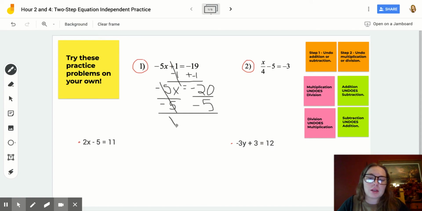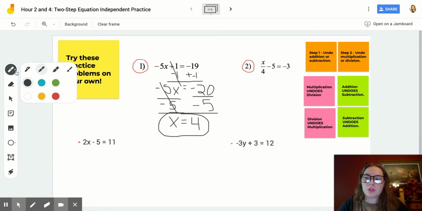And we're left with x equals negative 20 divided by negative 5. Once again, those are those integer rules. Negative 20 divided by negative 5 would be positive 4, because if we multiplied 4, a positive, and negative 5, a negative together, we would always get a negative answer. So number 1 is x equals 4.